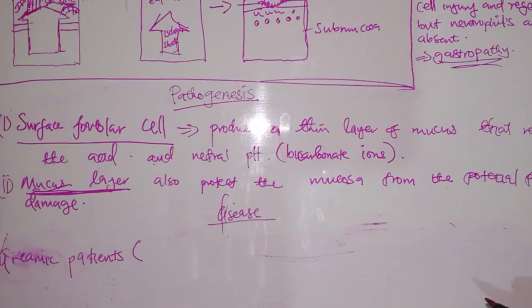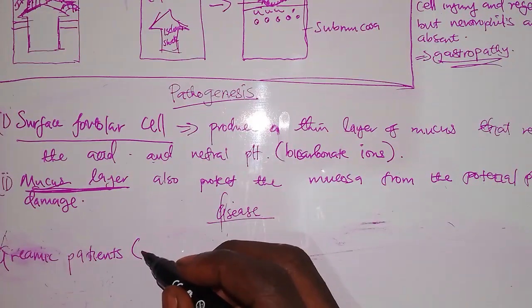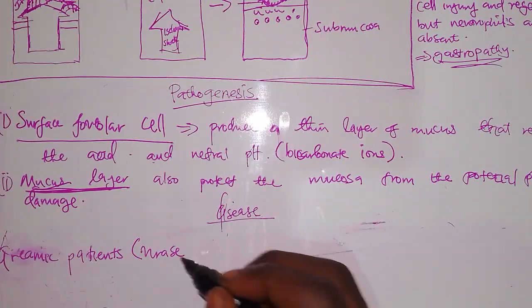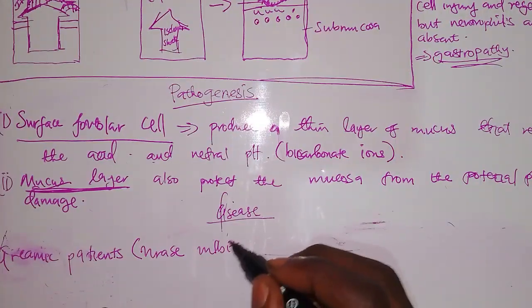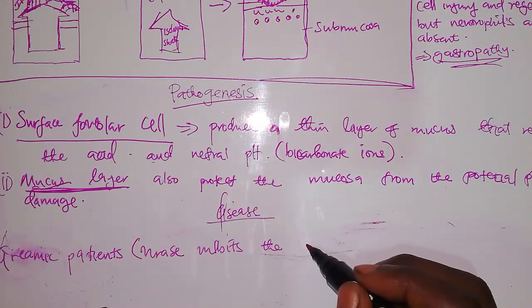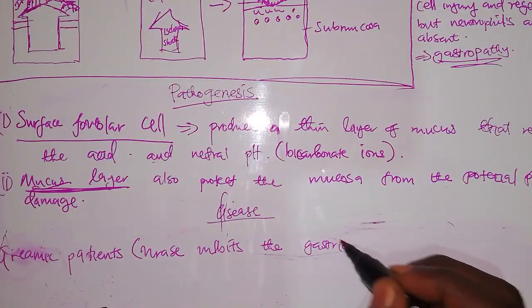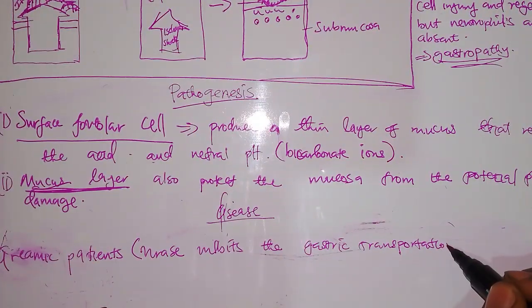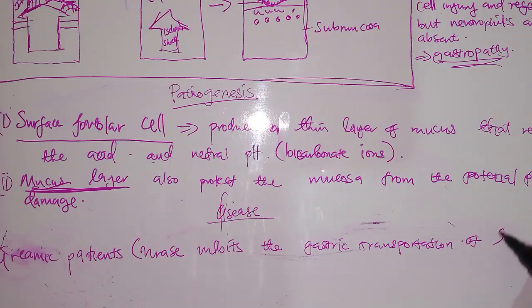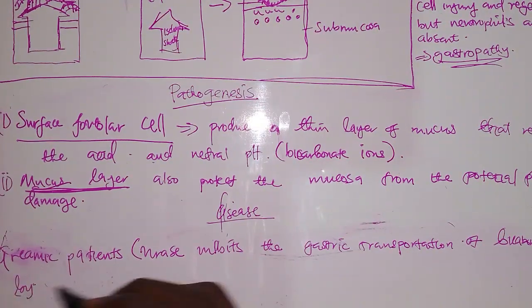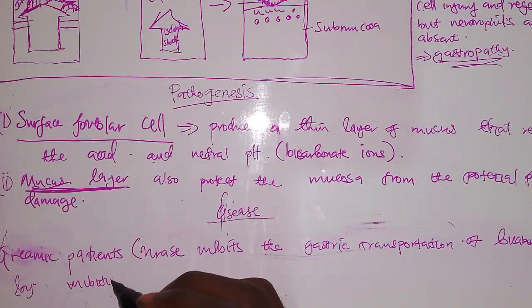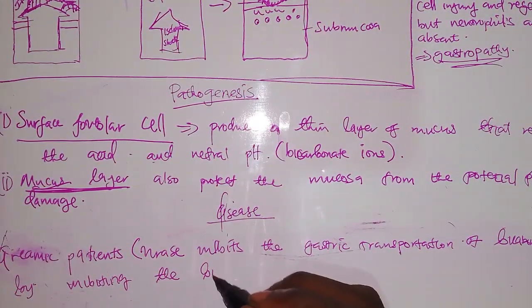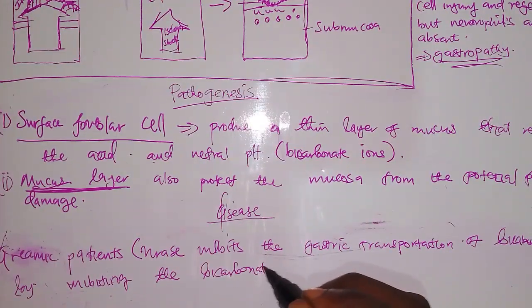So in these patients, basically the urease inhibits the gastric transportation of bicarbonate by inhibiting the bicarbonate transporter.